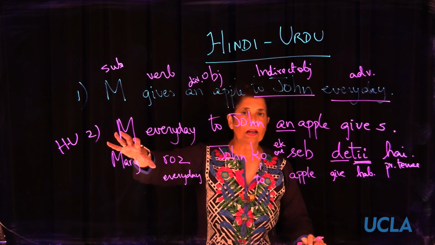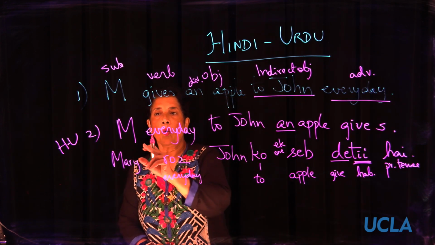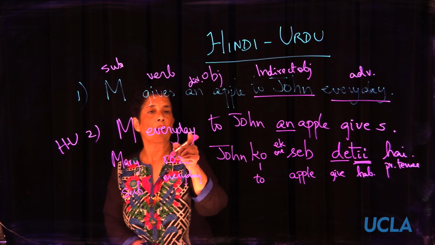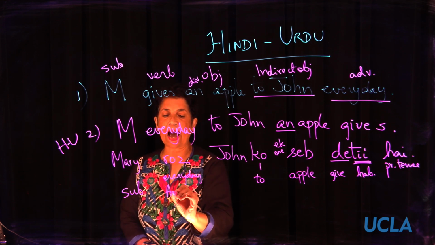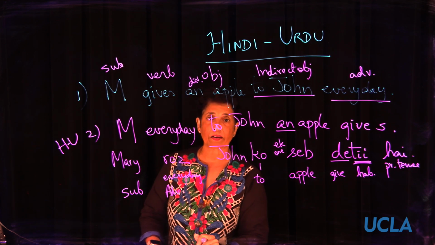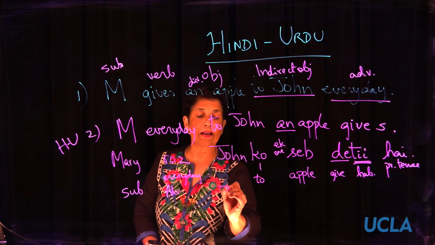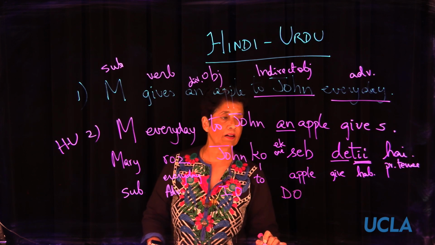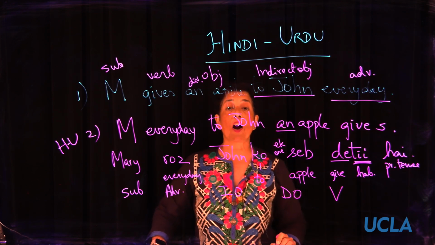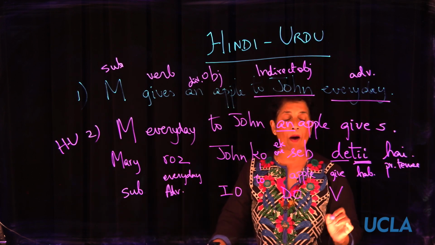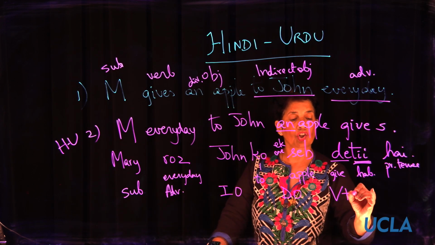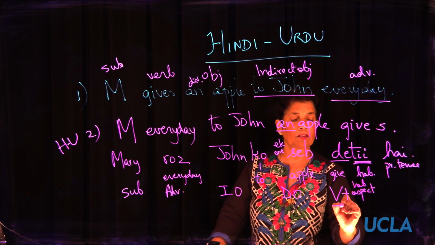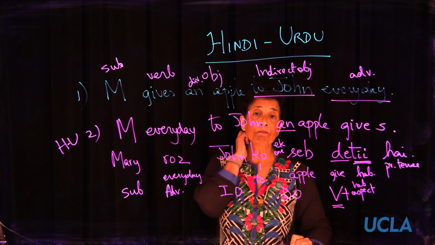Okay. In the Hindi-Urdu sentence, we have the subject followed by the adverb. We like the adverb to be in the second spot, followed by the indirect object, then followed by the direct object, and then followed by the verb where you get the meaning part, and you attach the habitual aspect marker to this verb root or stem.